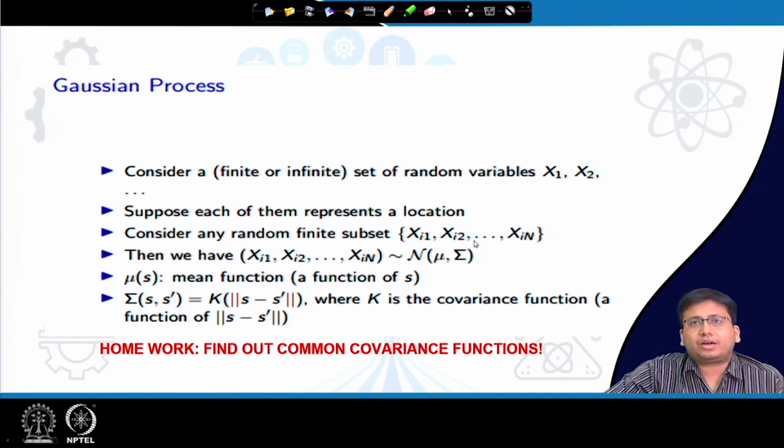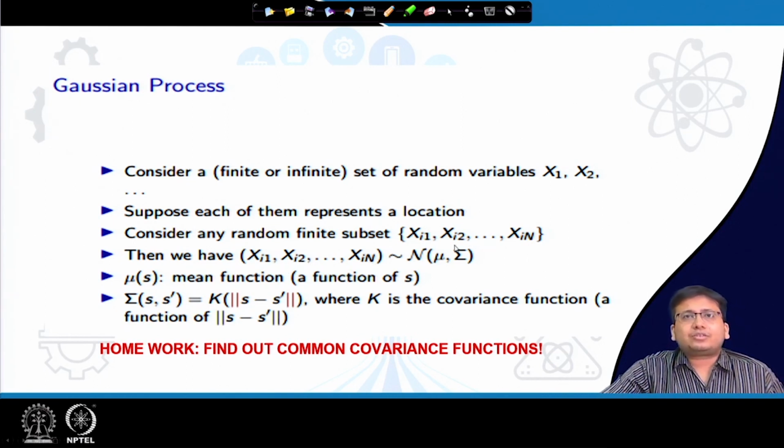Also note that I am calling these xi1, xi2, xin. You may be wondering what these i's are. This is to emphasize that we are choosing any set of n points. If I say x1, x2 up to xn, it may mean only the first n points, but by writing i1, i2, in, I am emphasizing that it can be any n points. xi1 may be 6, xi2 may be 13, xin may be, let us say, 555 and so on.